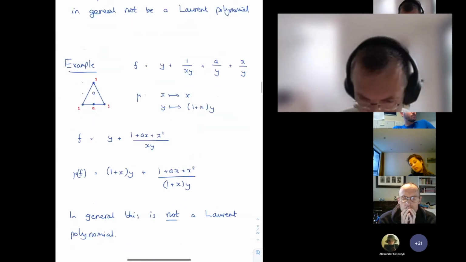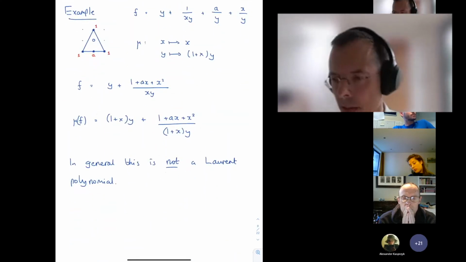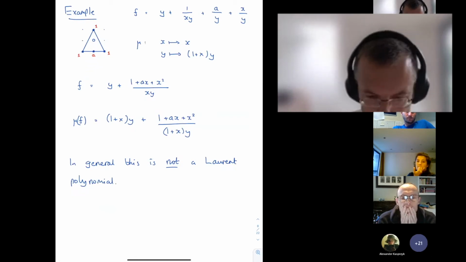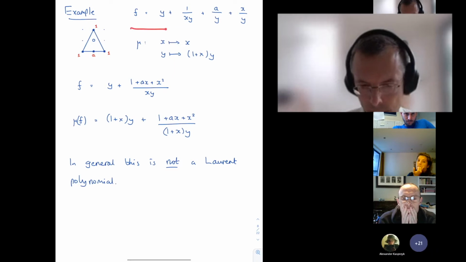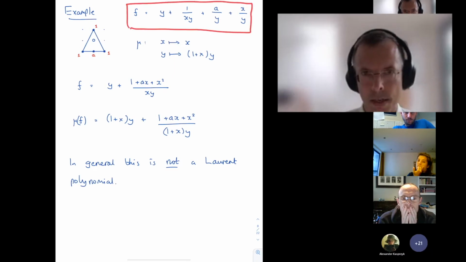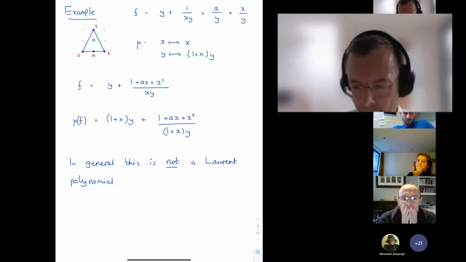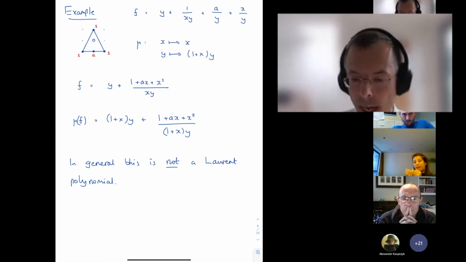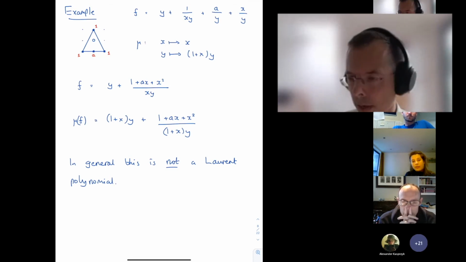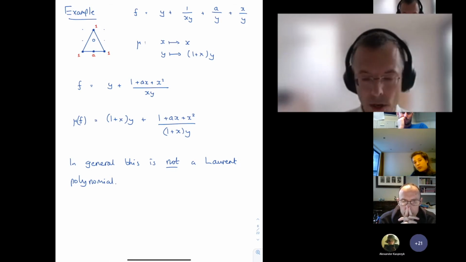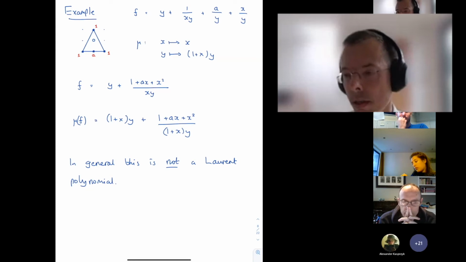Can we just do an example? So can we think about this Laurent polynomial? So this one here, y plus 1 on xy plus a on y, where a is a constant, plus x on y. So I'm going to draw the Newton polytope of this Laurent polynomial, that's the convex hull of the exponents that occur.